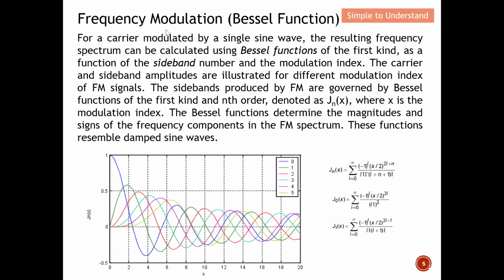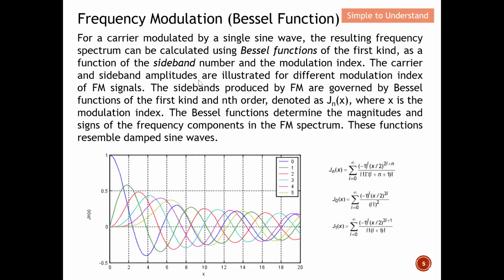For a carrier that is modulated by a single sine wave, which means that if you do a frequency modulated signal, the modulating signal, let's say, is a single sine wave, the resulting frequency spectrum can be calculated using the Bessel function of the first kind, as a function of the sideband numbers and the modulation index.